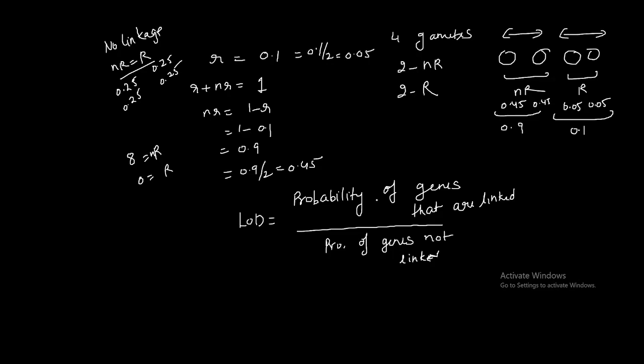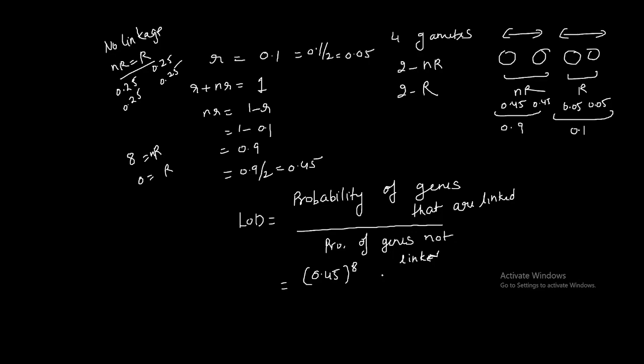So you can calculate here. Now you know the frequency of non-recombinants is 0.45, so you write 0.45, and how many non-recombinants do you have? 8.